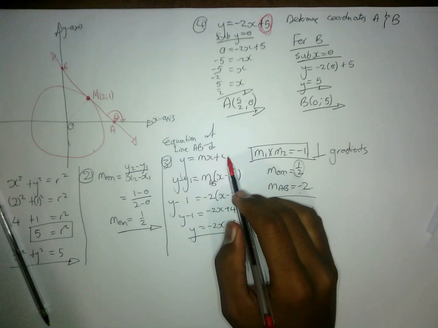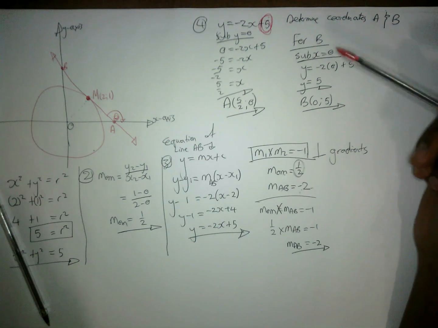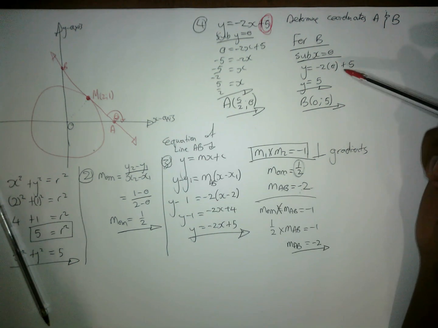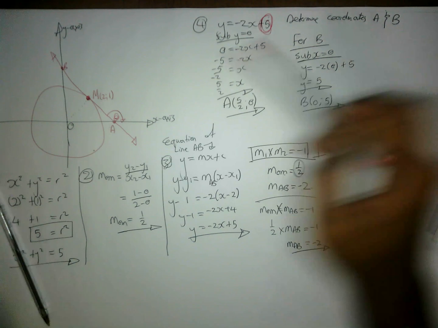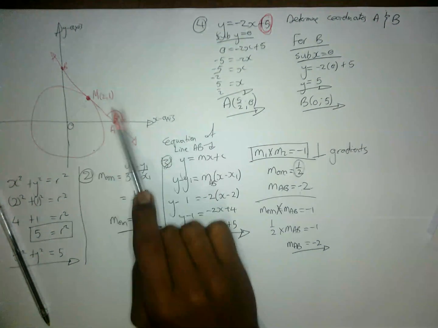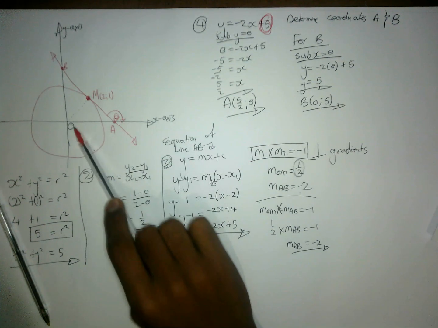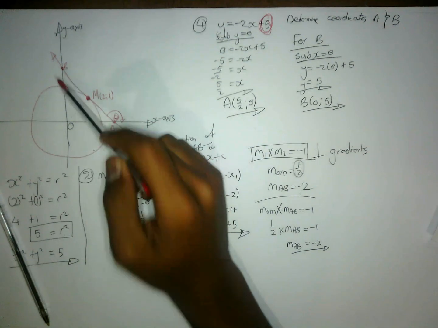But always do the substitution rather, so you're 100% sure. You substitute x and y because we know that B is on the y-axis, so his x value is going to be 0. A is on the x-axis, so his y is going to be 0.